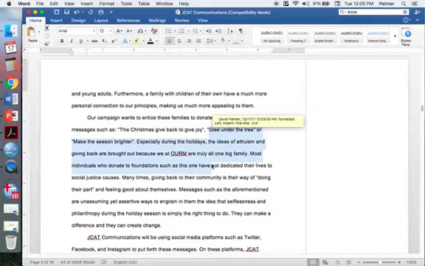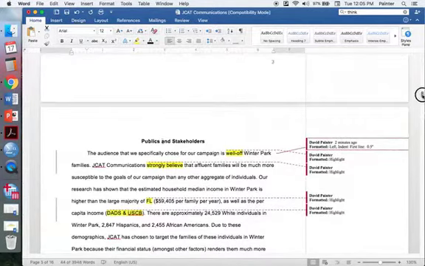What are their values? What are their beliefs of things that they think are important that you can leverage for your campaign? Who are the stakeholders for ORUM? Nowhere in here do you talk about stakeholders, I don't think, right?